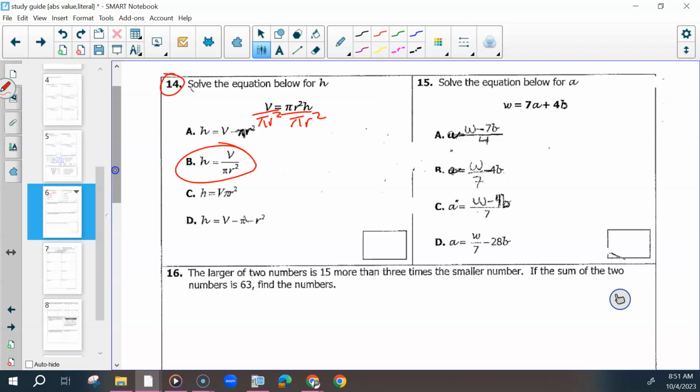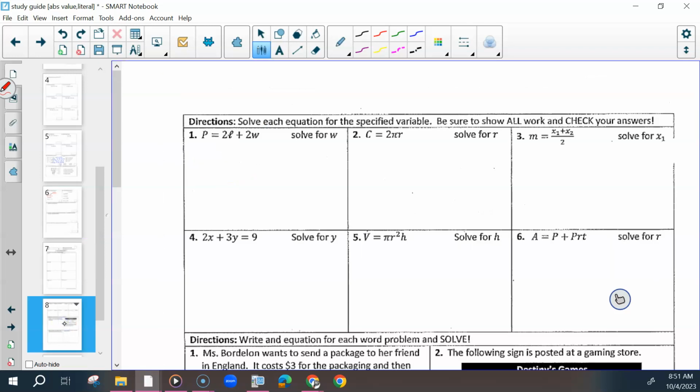Numbers 1 through 6. The page that was with us. Any of those in 1 through 6 you want to go over, have questions about?